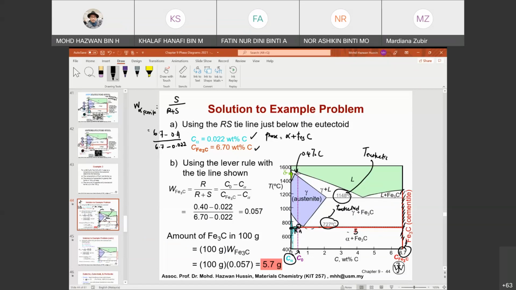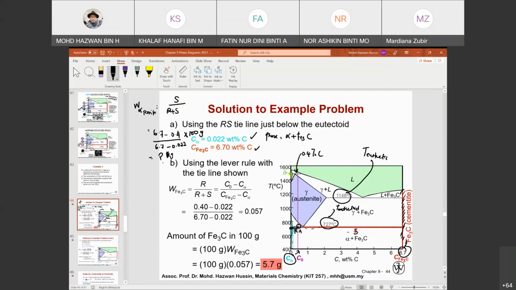Since this will result in a fraction, if you multiply with 100, because 100 grams is given, you will get the amount. Dekat sini, if you deduct 1 minus 0.057, you will get some values, and this will result in the amount of ferrite that is formed in grams.